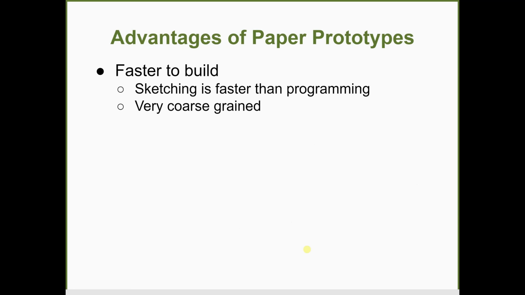Now let's talk about some of the advantages of using paper prototypes. Obviously, they are faster to build. You can draw many sketches in the same time it would take you to draw one user interface with code. For most people, hand sketching is also faster than using a drawing program to create the sketch.